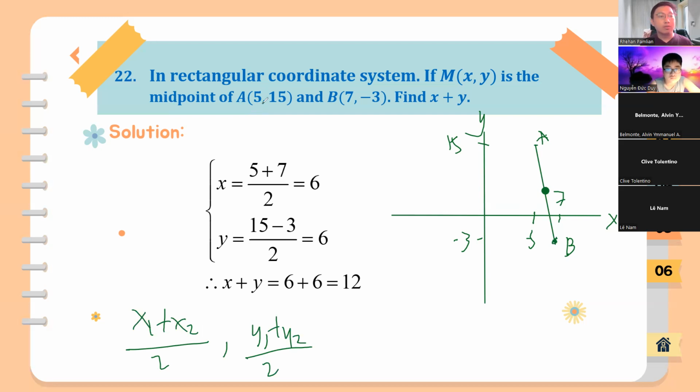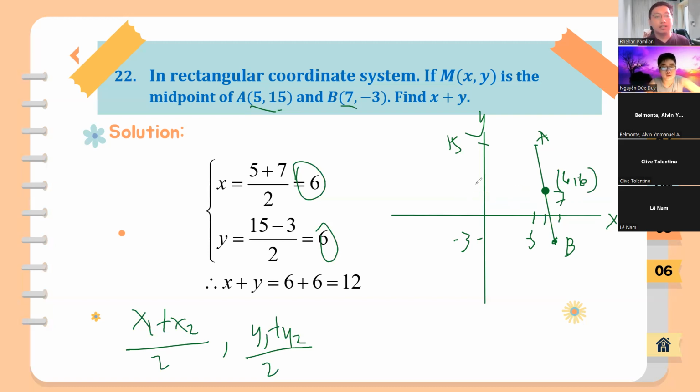Since we're looking for x and y, 5 plus 7 is 12 over 2, which is 6. 15 plus -3 is 12 over 2, which is 6. So the midpoint is 6, 6. And it's clear also in the graph that it matches the concept. It's going to be here, that's 5, that's 6, and here it's also 6.